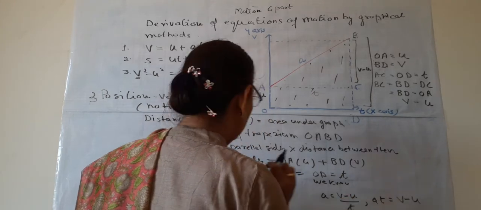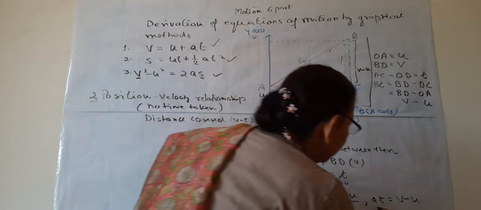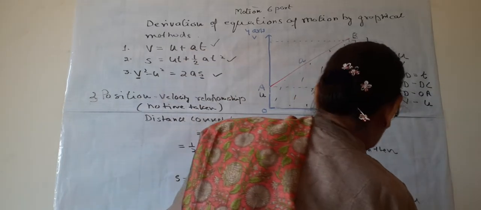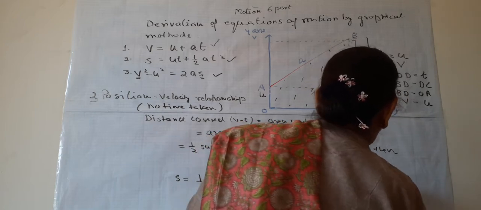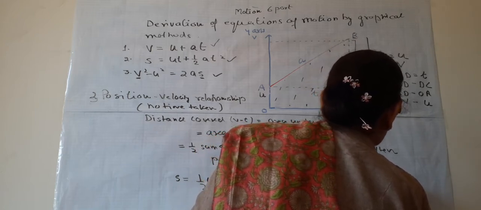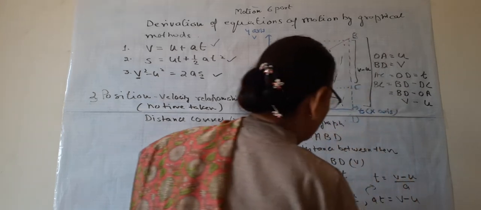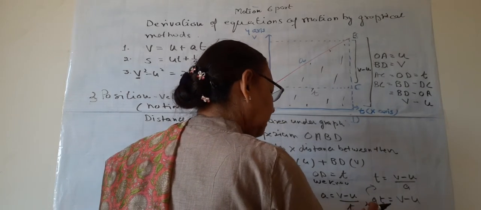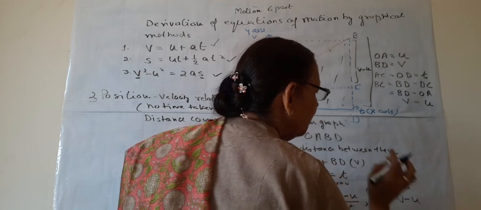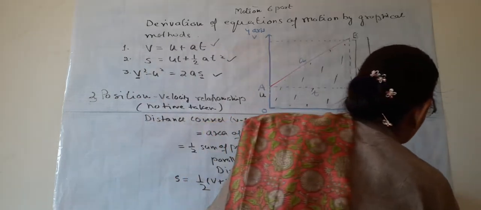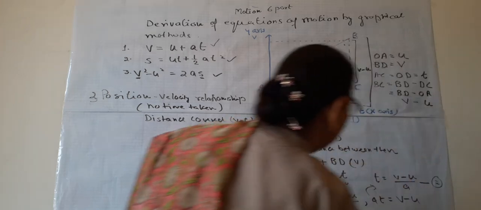At is equal to v minus u, or t is equal to (v minus u) upon a from this equation. At is v minus u, so t is v minus u upon a. Is it clear? Suppose this is equation 2, or you can say 1 or 2, any.